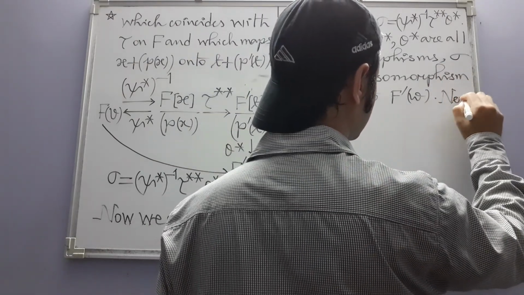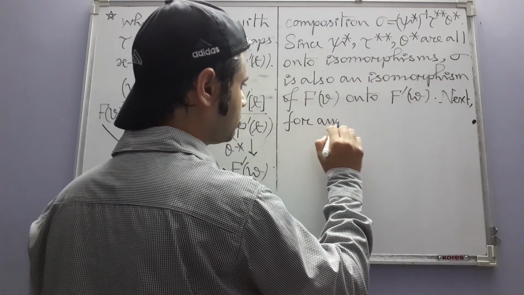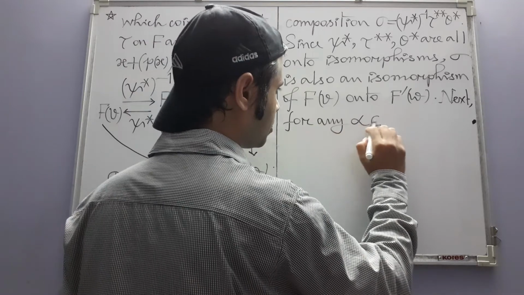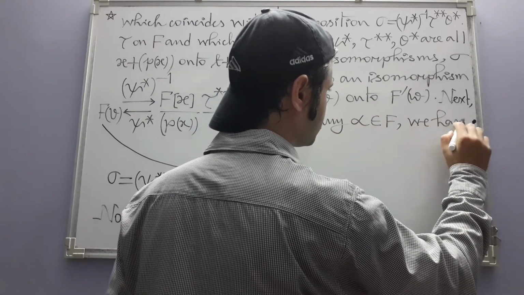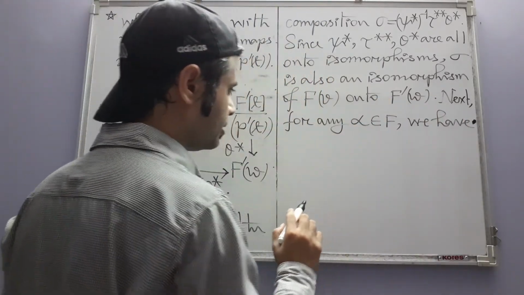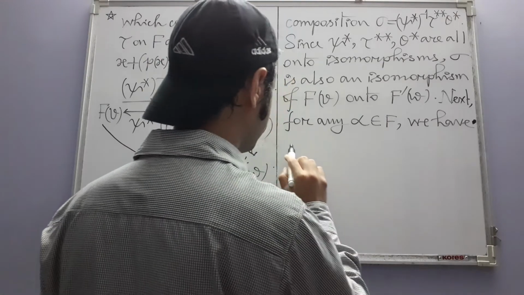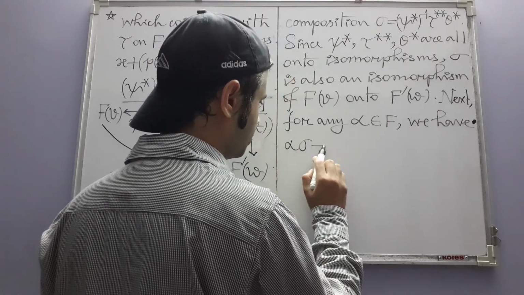Next, for any alpha belonging to F, we have, okay, this is going to be a little long, alpha sigma.